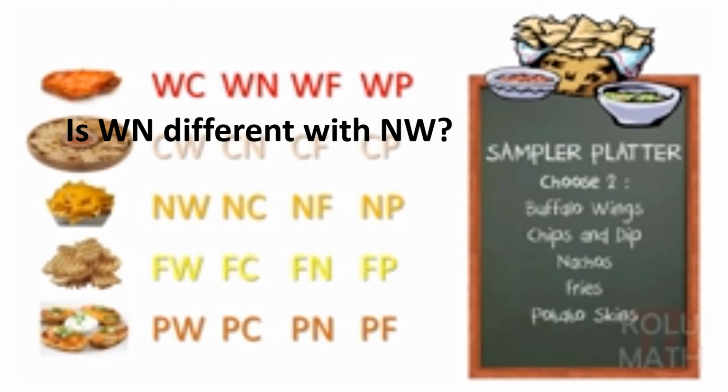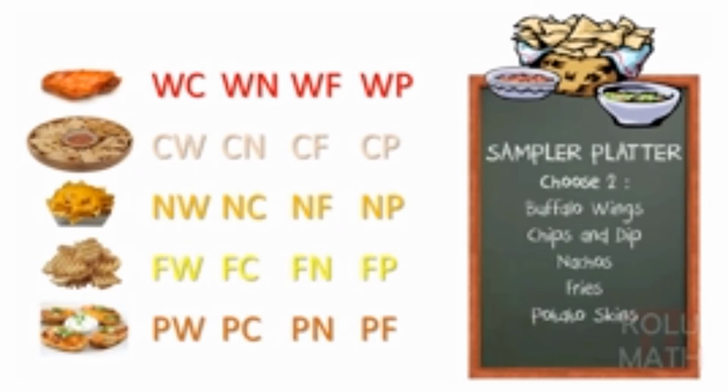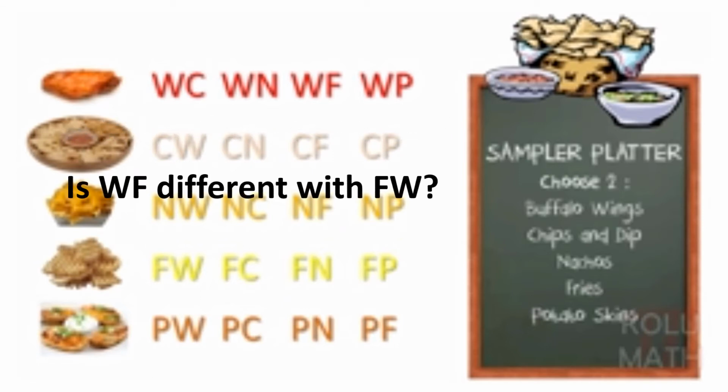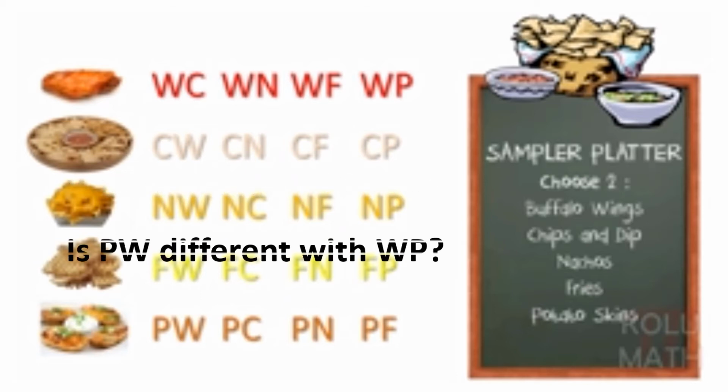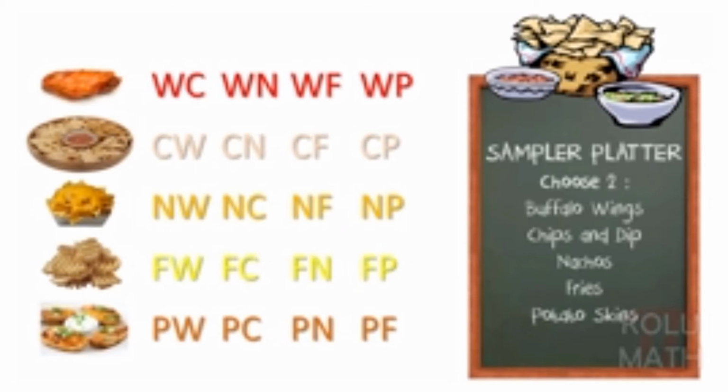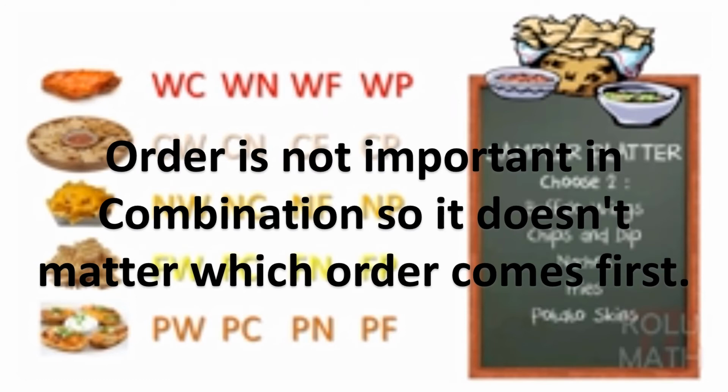Is wings and nachos different from nachos and wings? Is wings and fries different from fries and wings? Is potato skins and wings different from wings and potato skins? Order is not important in combination, so it doesn't matter which order comes first.